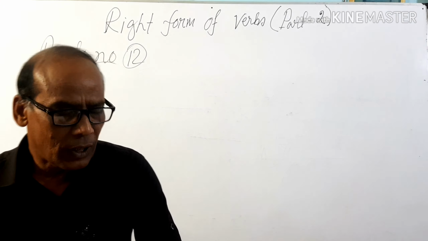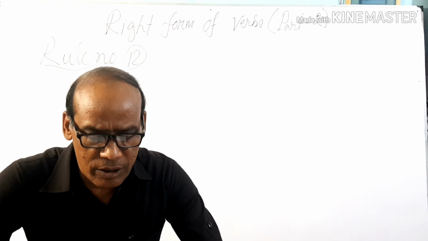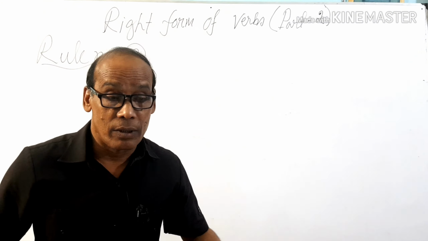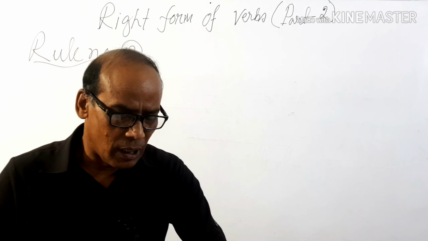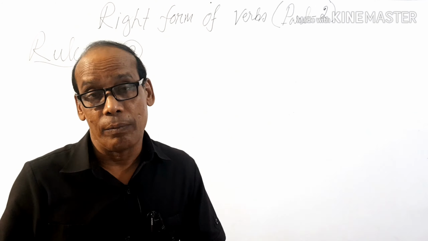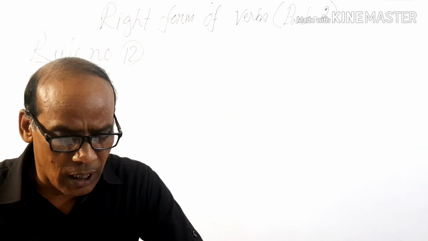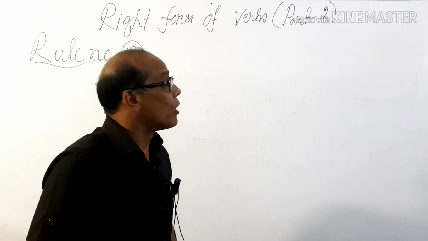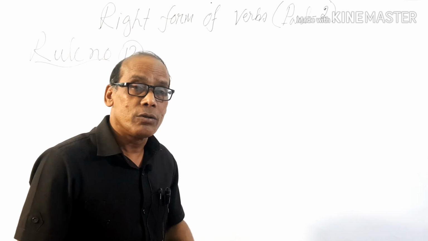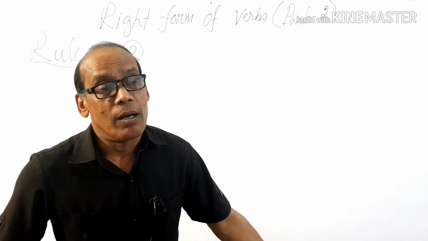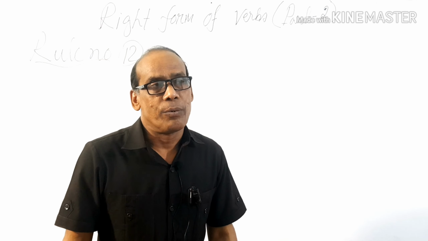And you know, dear learners, verb is the most variable part of speech in the English language, and the right form of verb encompasses most of the rules of English grammar.